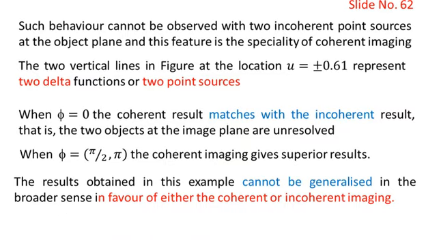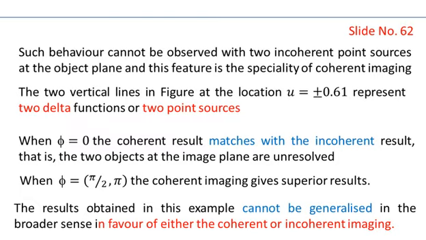Such behavior cannot be observed with two incoherent point sources at the object plane. So the behavior for the three different values of phi that we explained above cannot occur for the incoherent case, and this feature is the speciality of the coherent imaging system.